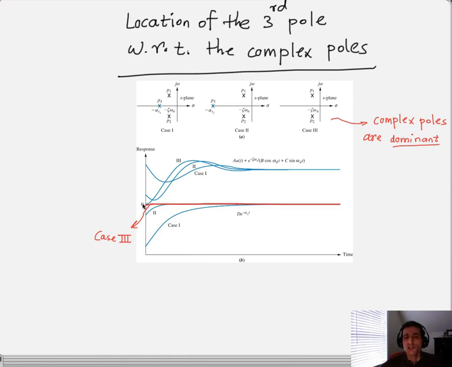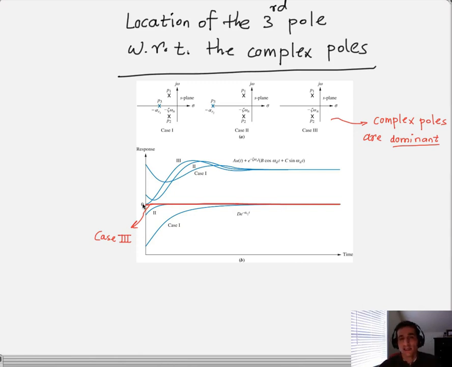That's actually obvious because you remember for first order systems, we defined something called the time constant. The time constant indicates how quick the step response of the system is going to reach a steady state.